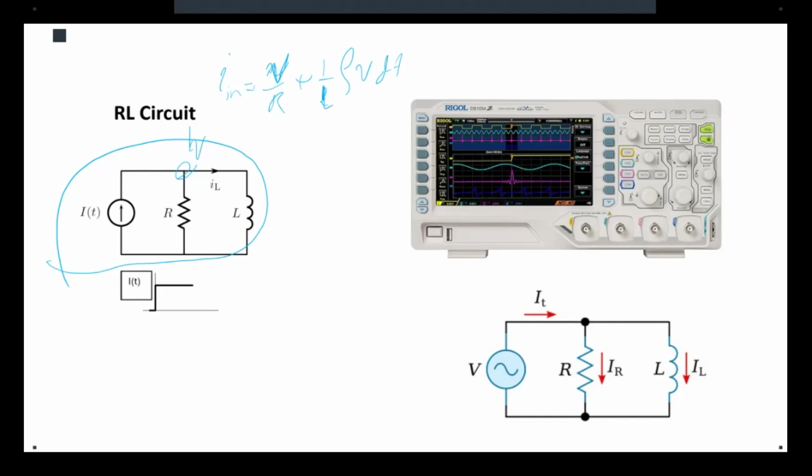Now you can see how it's very similar to the RC system.